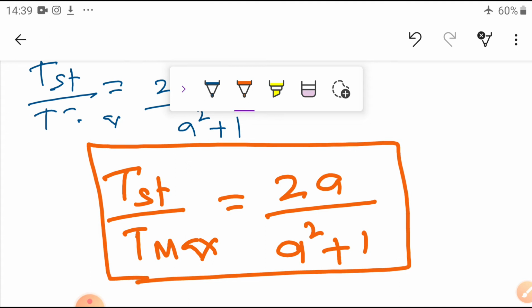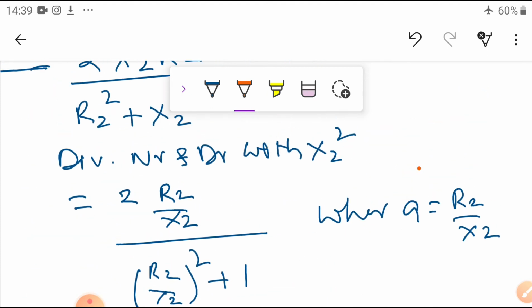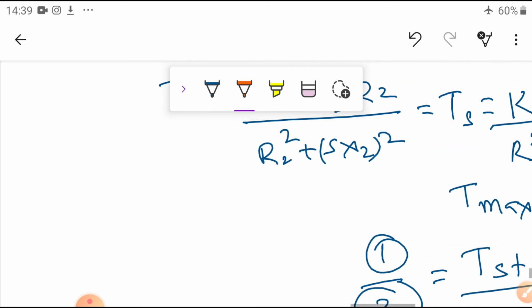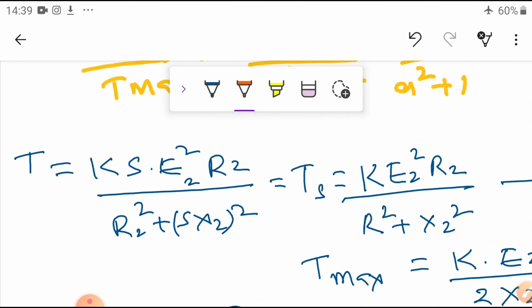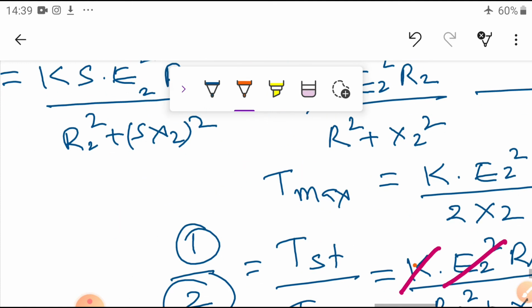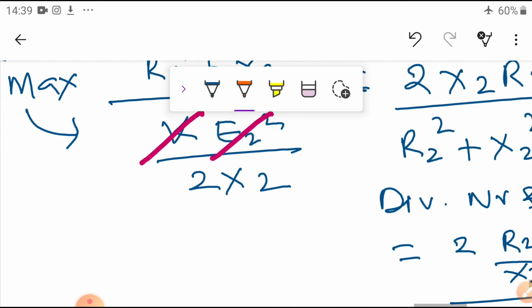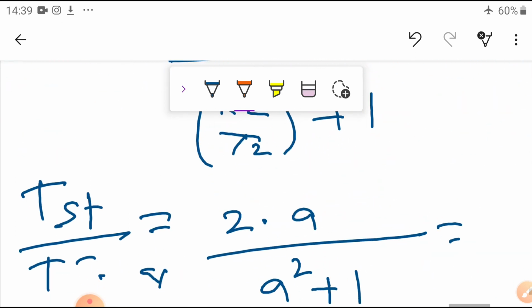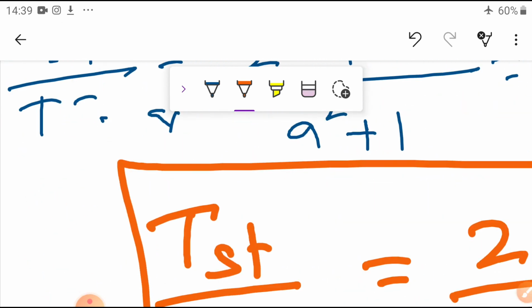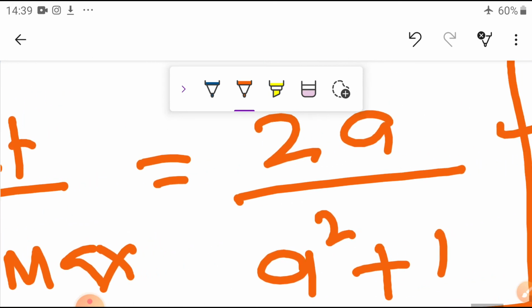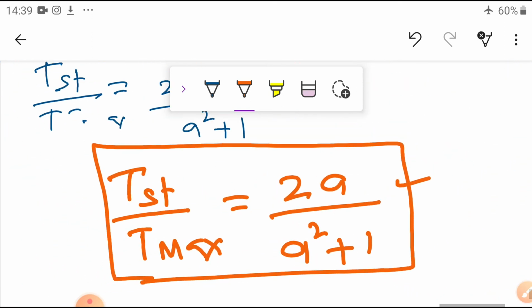Previously, if we substitute the full load torque by maximum torque with S equal to 1, we get the same equation. What we have done here is simply take two equations, the starting torque equation and the maximum torque equation, substitute 1 by 2 and simplify, and we get the relation between the starting torque and maximum torque, 2a by a square plus 1.